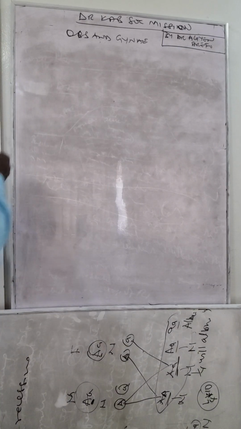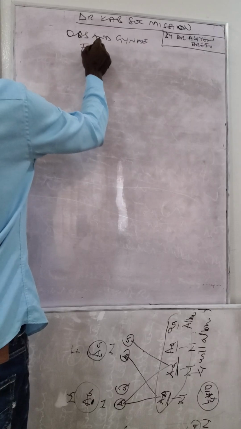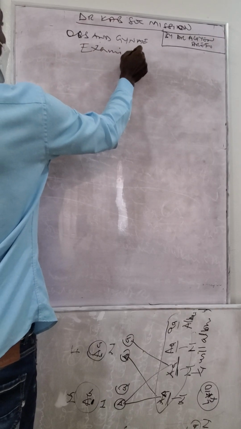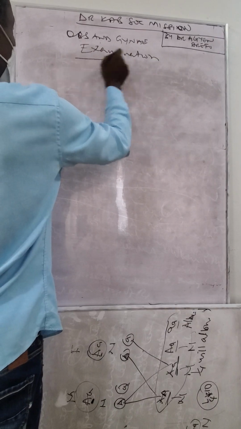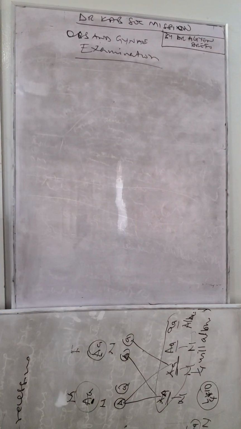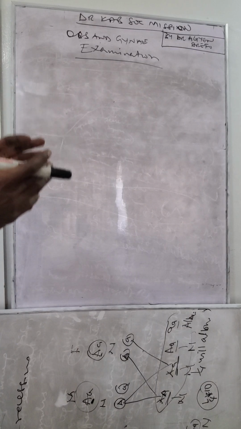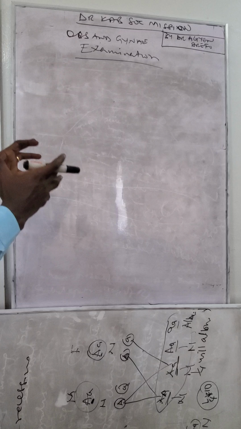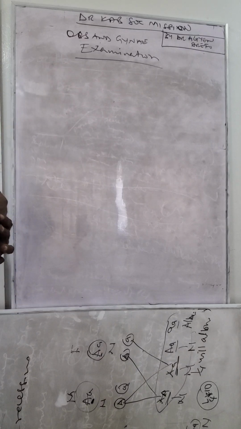Now let's come to examination, which is very important. The examination is also going to add more to your history, so that you'll be narrowing down the impressions or the differential diagnosis that you have.